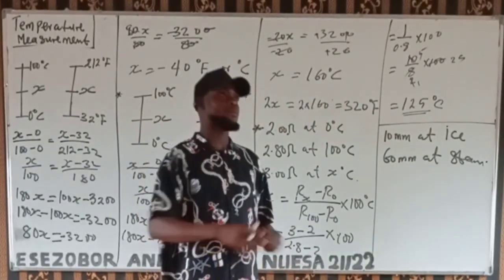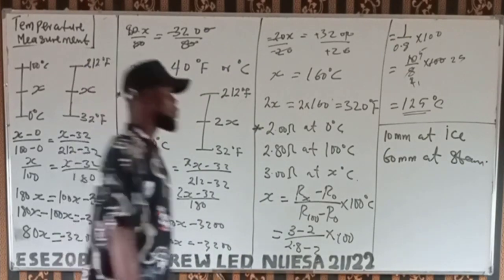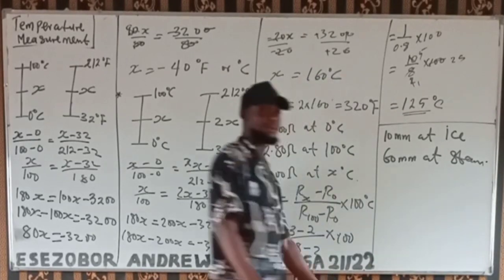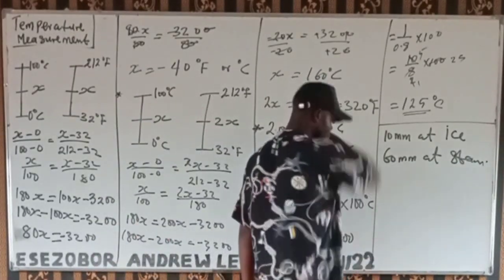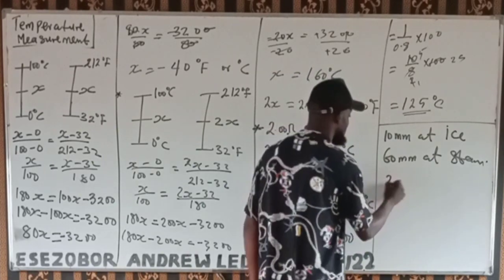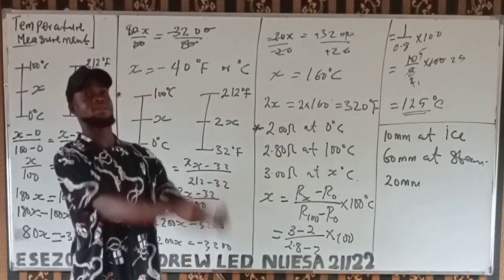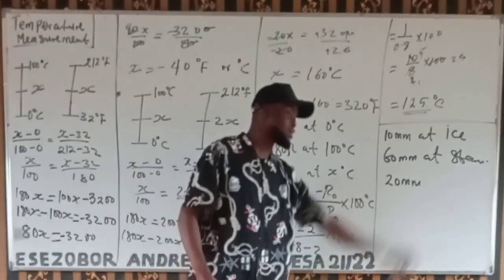What temperature in degrees Celsius will correspond to the mercury thread at 20 millimeters?